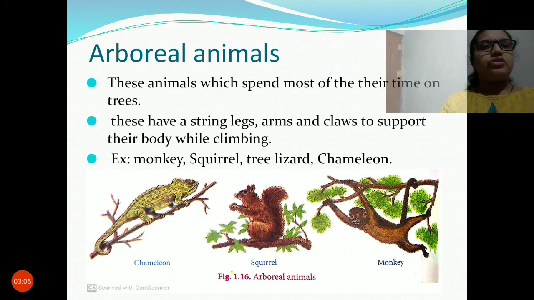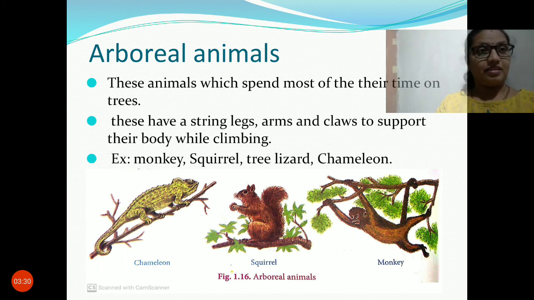Let us see the next, arboreal animals. The animals which spend most of the time on the trees. Arboreal means the animals which spend most of their time on the trees. For this, in your mind it comes monkey, correct? Most of the time a monkey will spend time on a tree, is it?